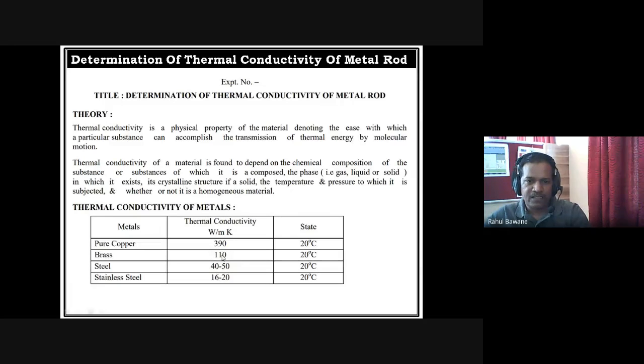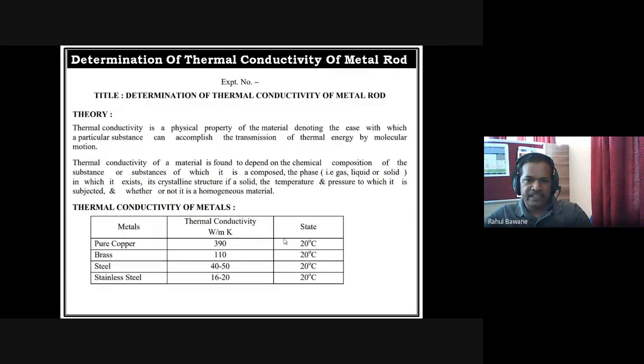Why does this happen? Because heat transfer in metals happens especially by two phenomena. One is the transport of free electrons, migrating from hot end to cold end, and the second is the lattice vibration.